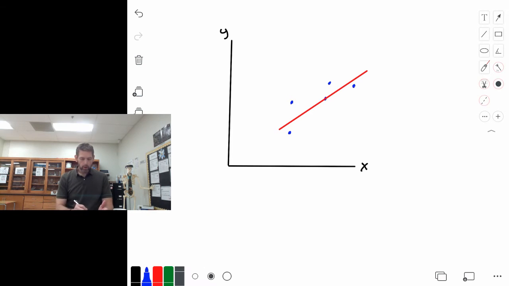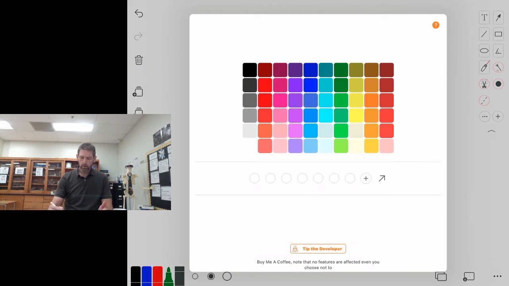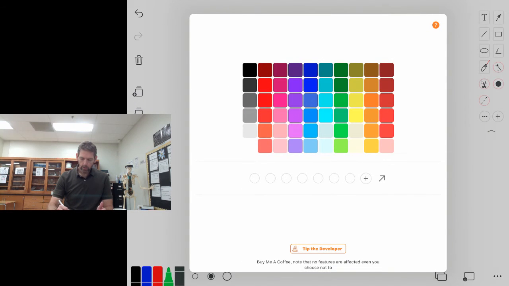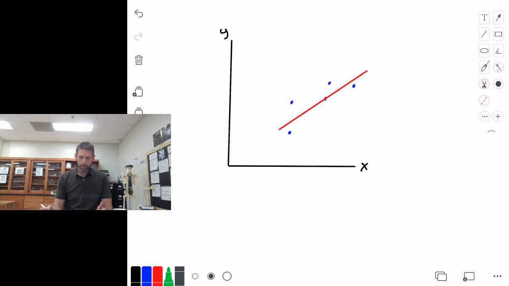At this point right here, what we would want to do, go with green. Let's go with green. Why not? Something different. I want a darker green. We'll go with that, just to have some contrast.